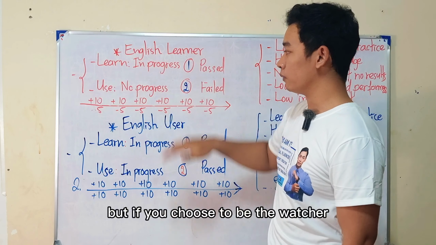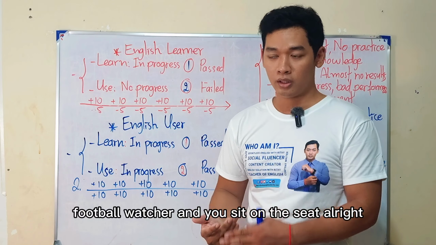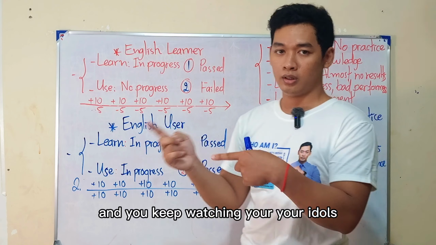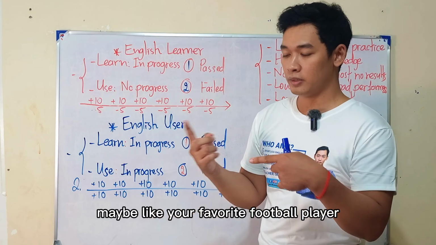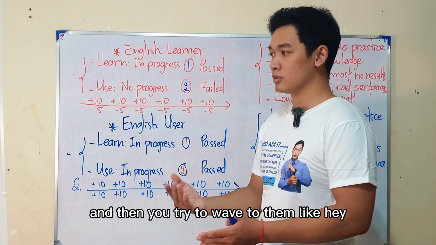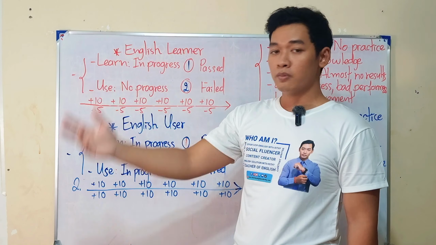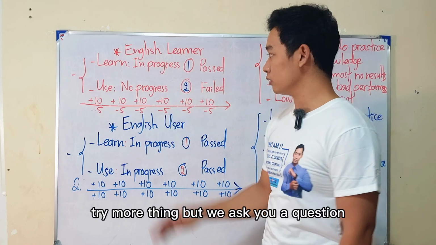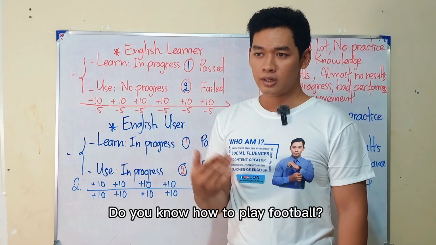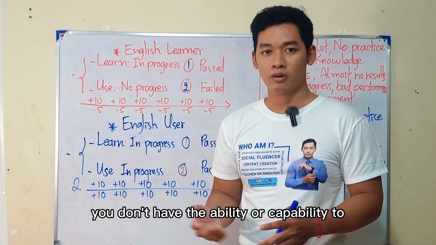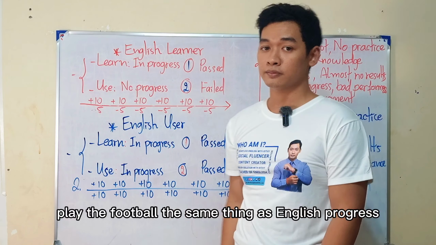But if you choose to be the football watcher, and you sit on the seat, all right, and you keep watching your idols, maybe your favorite football player, and then you try to wave to them like, hey, you're getting better, try more things. But if we ask you a question, do you know how to play football? You definitely know, but you have no skill. You don't have the ability or capability to play football.